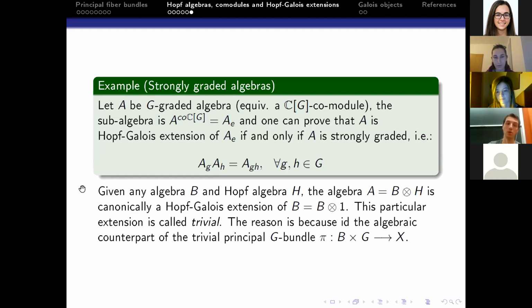Also in the case of Hopf-Galois extensions, there is a definition of a trivial Hopf-Galois extension, and it's just the one you may expect: taking the tensor product of B with the Hopf algebra H. Everything is canonically defined, and it is not that difficult to write down, but it's very long, so I will just skip it. This is to say that there is a notion of triviality also for Hopf-Galois extensions.